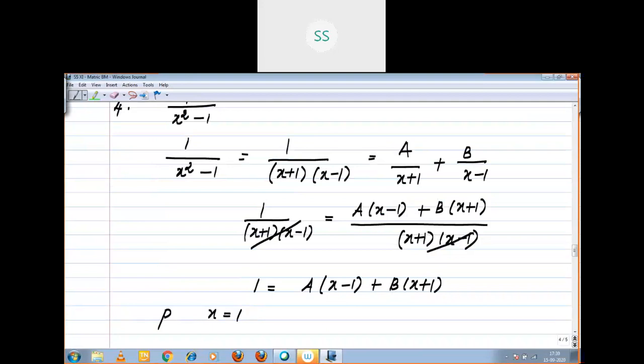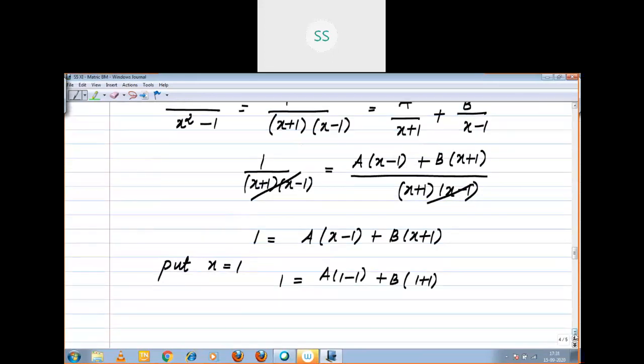Now, x equal to 1. On the left-hand side, you have no x, so whatever number is there, you have to write. A into (1 − 1) plus B into (1 + 1). What can you get, children? A vanishes. 1 equals 2B. B equals 1 by 2. Got it?